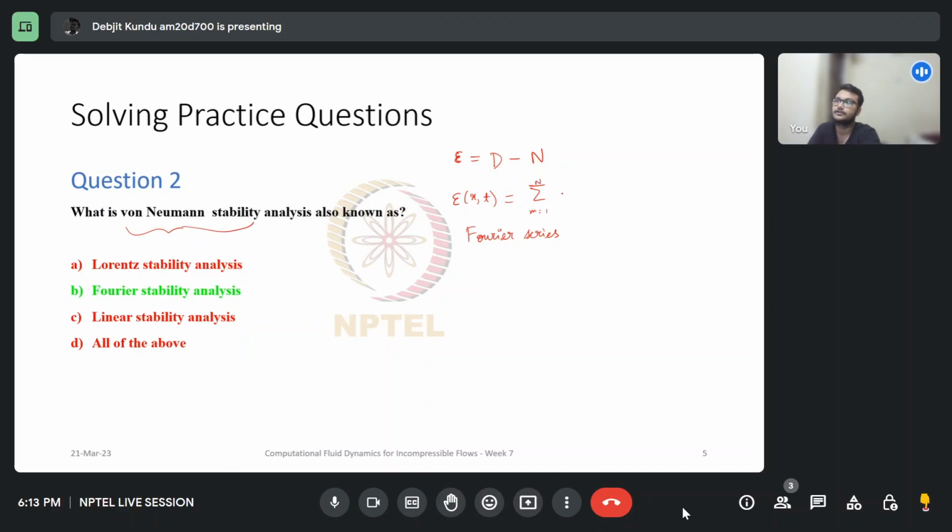The sum over m from 1 to N, this is the time coefficient, multiplied by the exponent of i k m x.